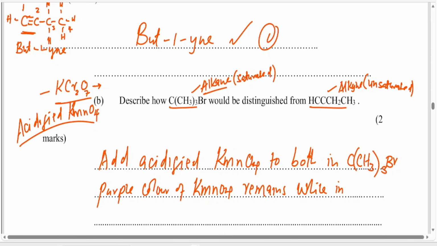While in but-1-ene, acidified potassium manganate 7 will decolorize.